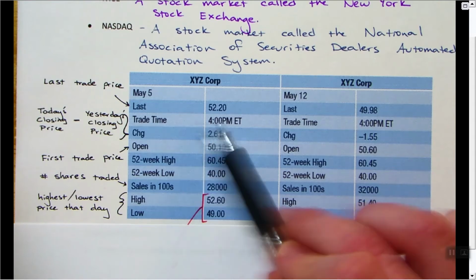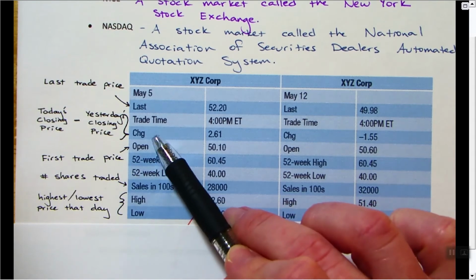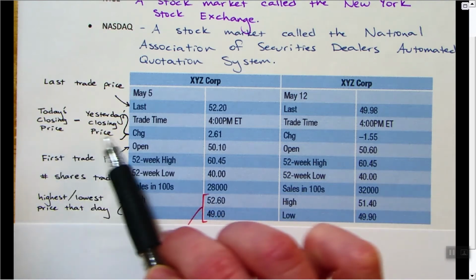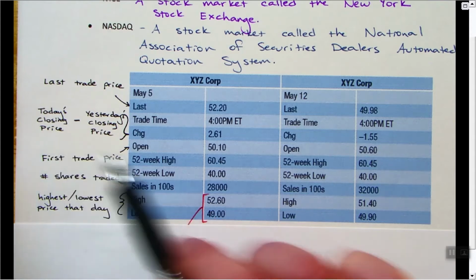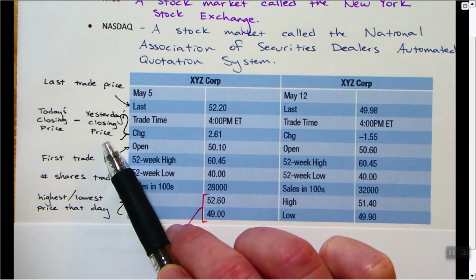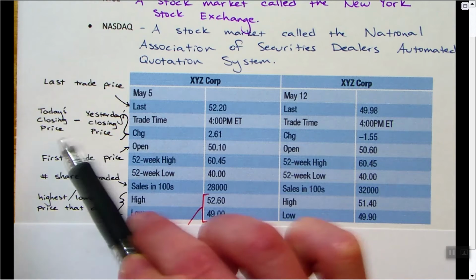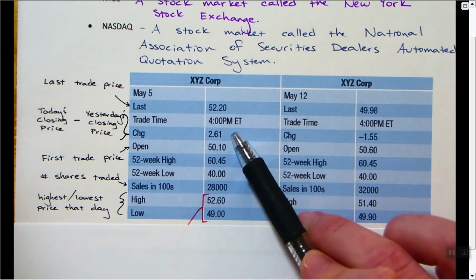So that's when it ended. The change, CNG, is the difference between the closing price of yesterday, which is May 4th, and today, which is May 5th. The difference between closing prices is given right here.